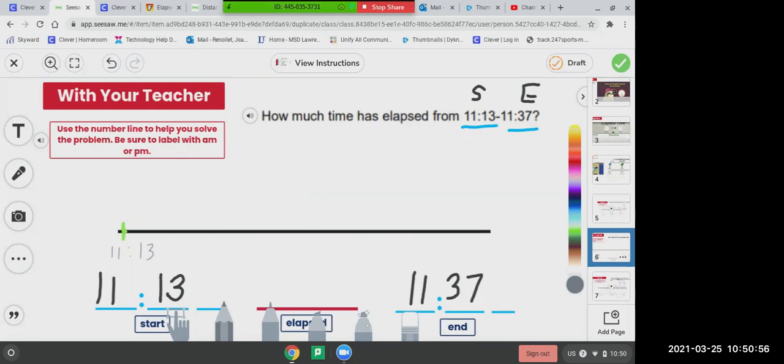If we're counting by 5s, 5, 10, 15, I can go to 11:15. So I'm going to record my next time, 11:15. And I'm going to count up from 11:13 to 11:15. I know that is 11:14, 11:15. That is plus 2 minutes.